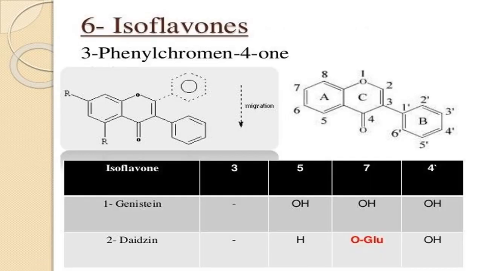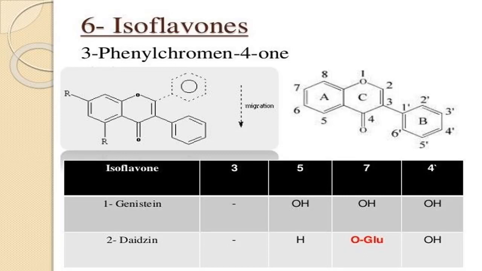Then isoflavones. Isoflavones are 3-phenylchromen-4-one. Under isoflavones, the numbering is made in the different benzene rings like this, and isoflavones are categorized into genistein and daidzin.